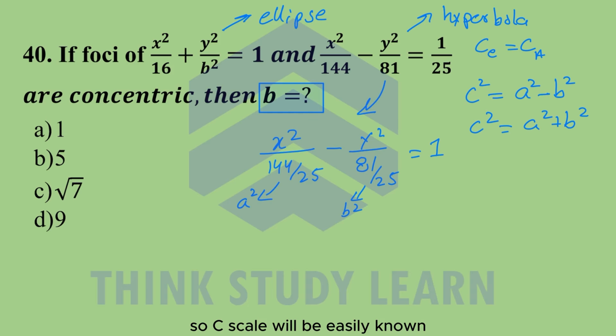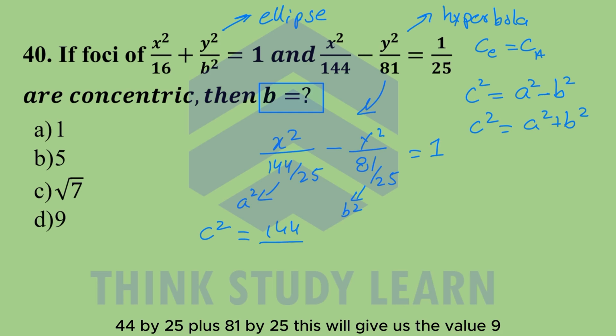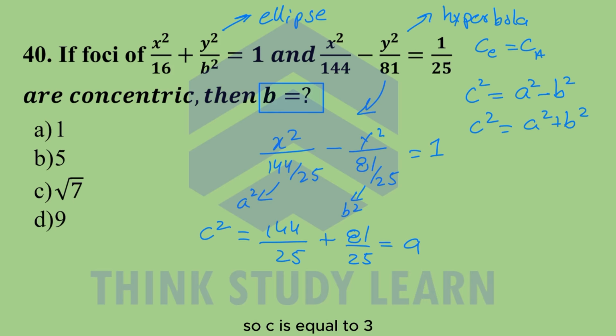So c square will be easily known. Using the formula, c square will be equal to 144 by 25 plus 81 by 25. This will give us the value 9. So c is equal to 3. This is the focus of the hyperbola.